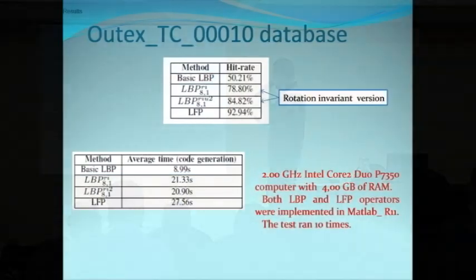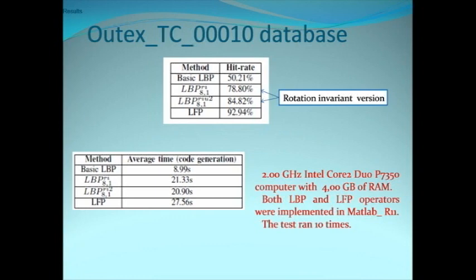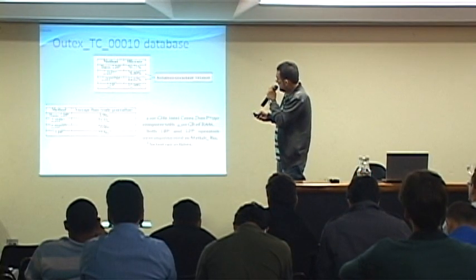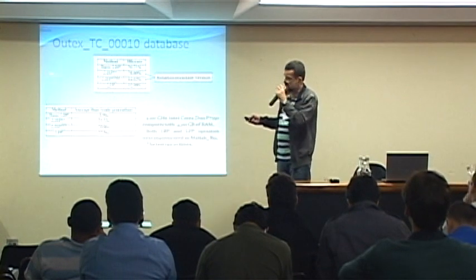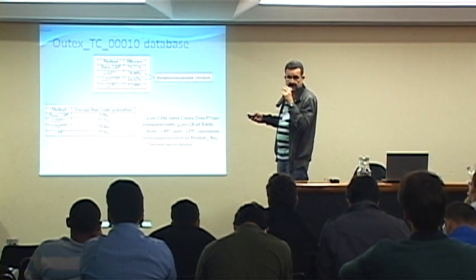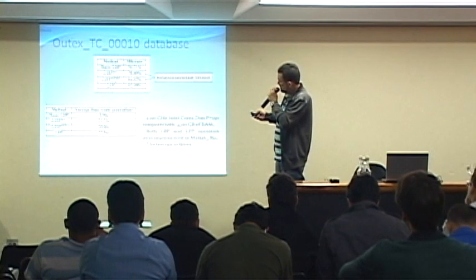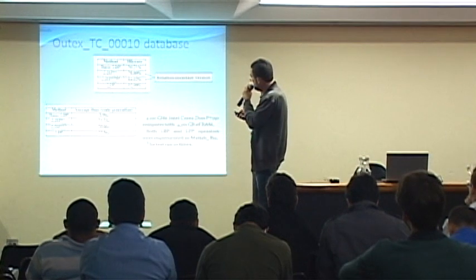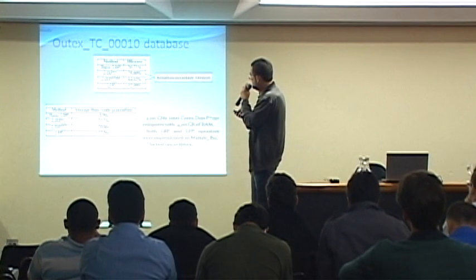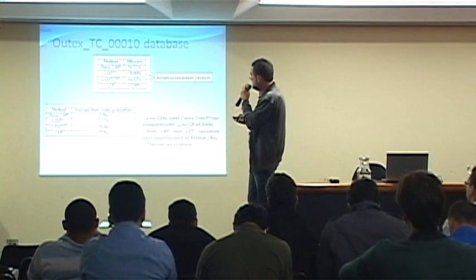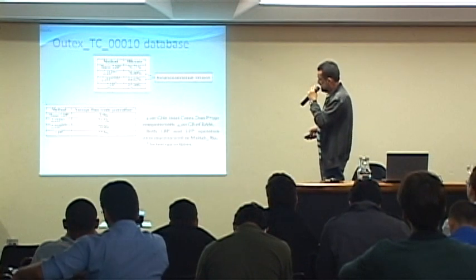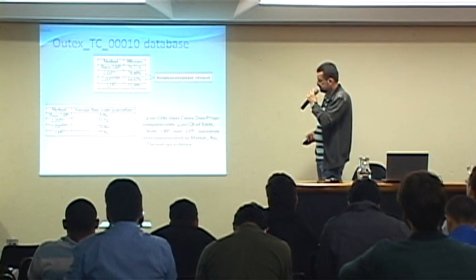And for the Outex TC10 database, we used the basic LBP and the 2 rotation invariant versions of the LBP. These 2 rotation invariant versions have hit rates of 79% and 84%, and LFP nearly 93% correct matching.